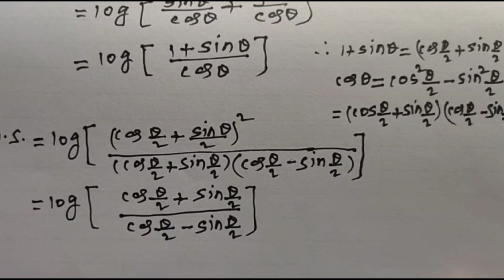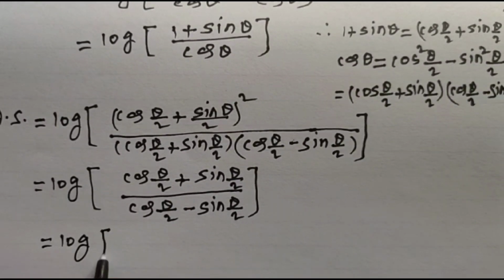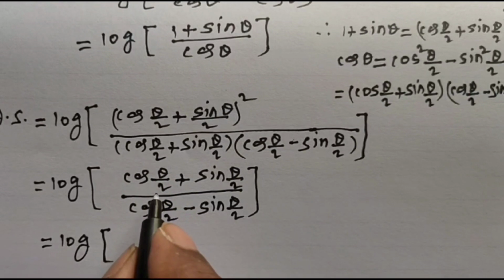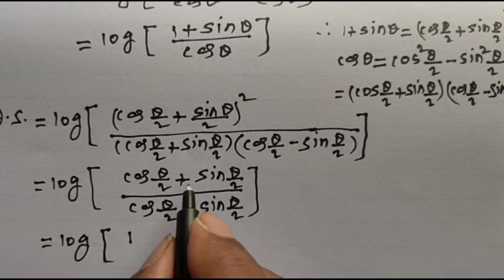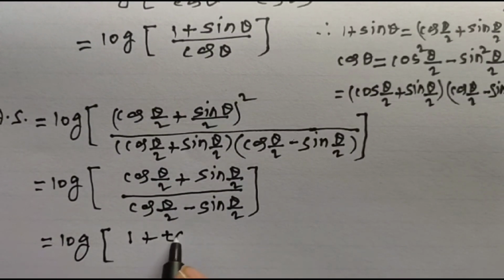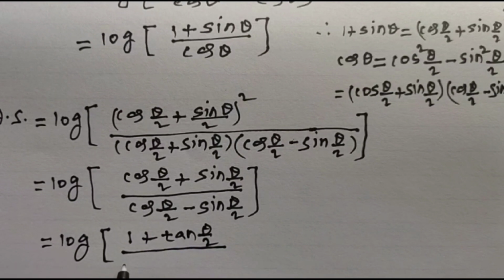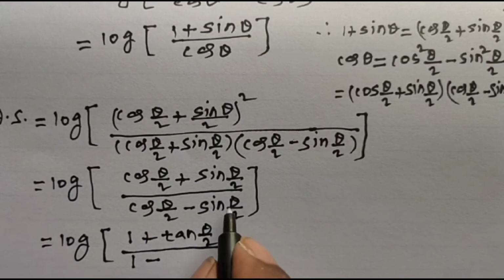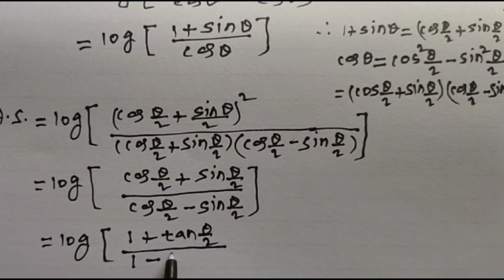Then this can be written as logarithm of (1 plus sin theta upon 2 divided by cos theta upon 2, that is tangent of theta upon 2) divided by (1 minus sin theta upon 2 divided by cos theta upon 2, tangent of theta upon 2).